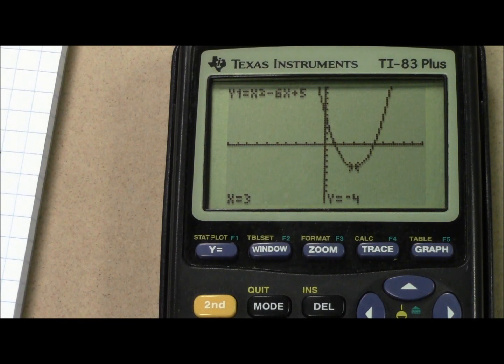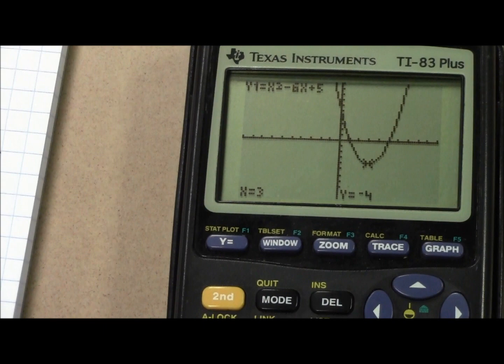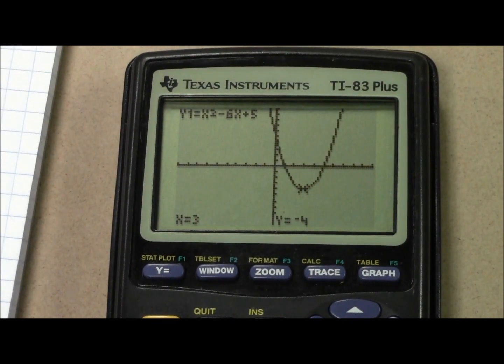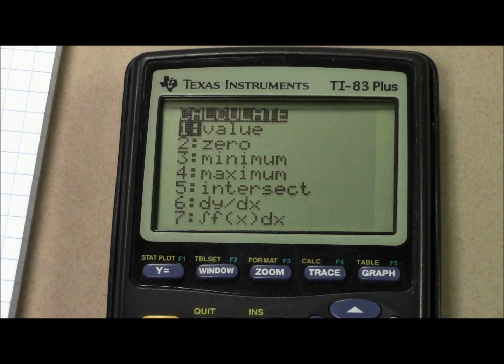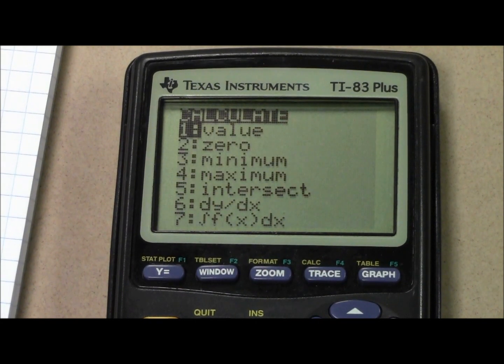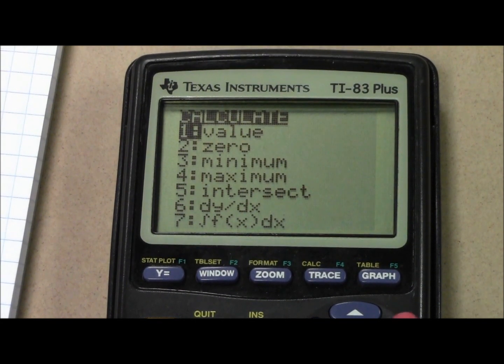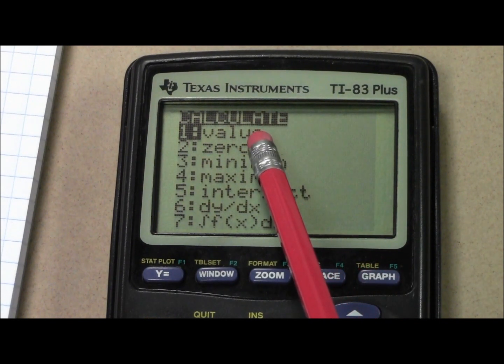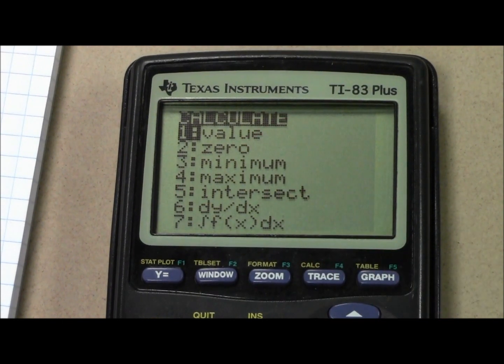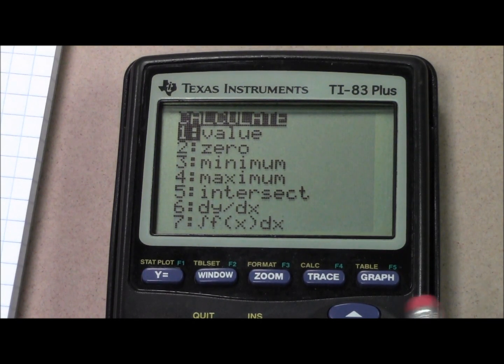Once again, we need to use the calculate feature. So we go into Second Calc, and in this case we're not going to calculate the minimum or the maximum, we're going to calculate the zeros. Now there's 2 zeros, so we're going to have to run through this process twice. 2 places where it crosses the x-axis.